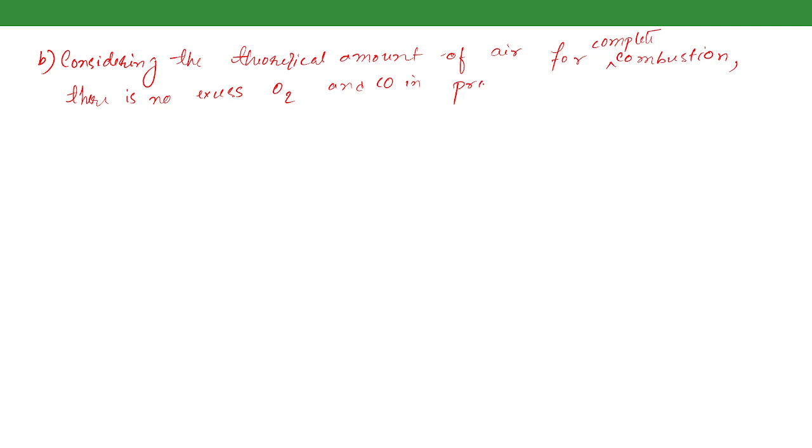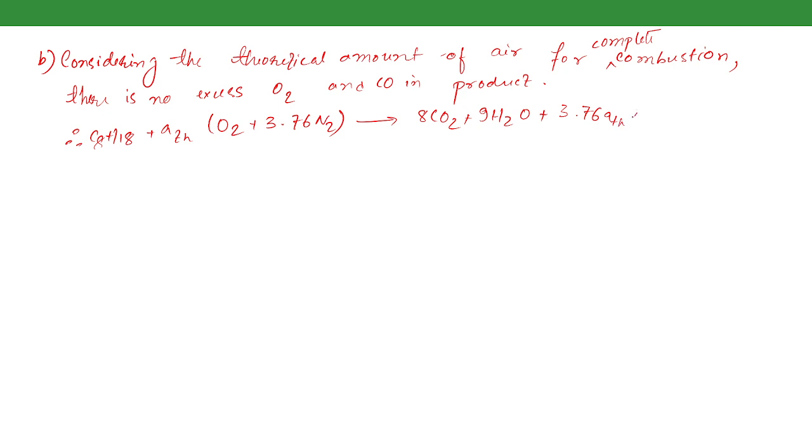Okay, therefore, C8H18 plus a theoretical oxygen plus 3.76 nitrogen will give 8 carbon dioxide plus 9 water plus 3.76 a_th nitrogen.